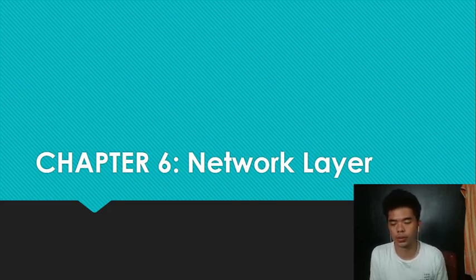I'm just going back before we do the summary, checking everything under Chapter 6 network layer. IP components: IP is connectionless and media independent. Encapsulating IP: transport layer encapsulation and network layer encapsulation.